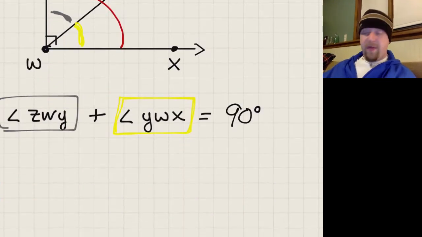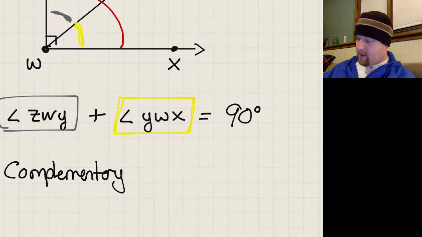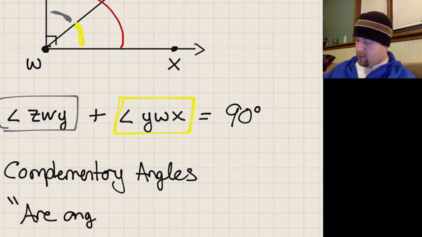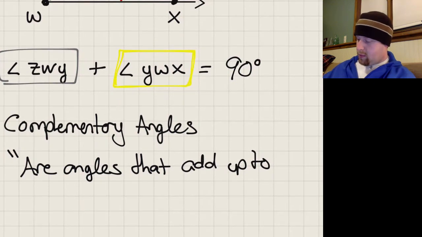We call these angles, when they add to 90, complementary angles. And complementary angles are angles that add up to 90 degrees.